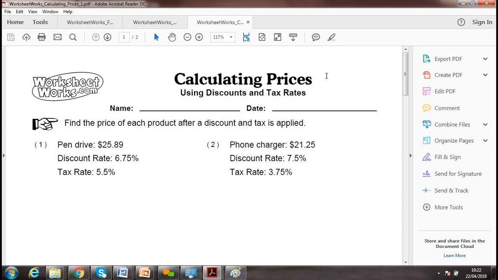Yes, how much discount do we have and how much tax? The discount rate is 6.75%, meaning that we'll be having around 1.747.